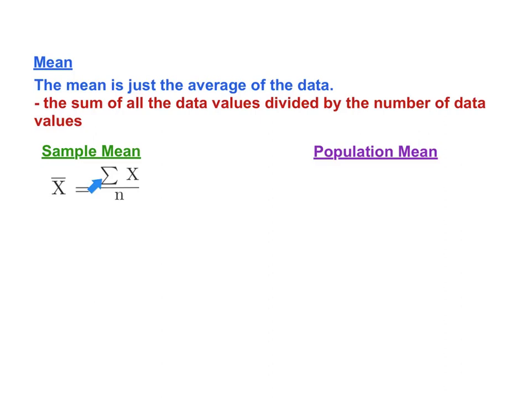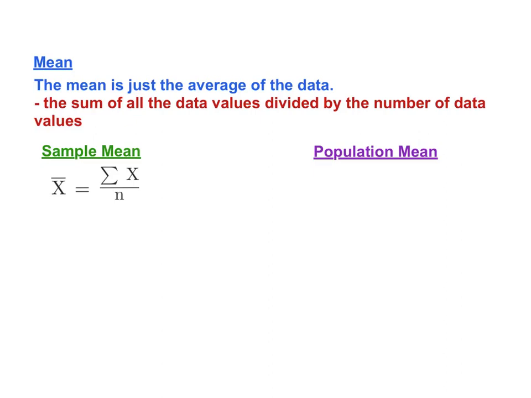This is the capital letter sigma. It's a Greek letter. Sum of, right? So you're adding up all the x's. In this case, this means add up all the data values. Lowercase n is just the number of data values that there are. So this is a mathematical way of expressing this here in red.